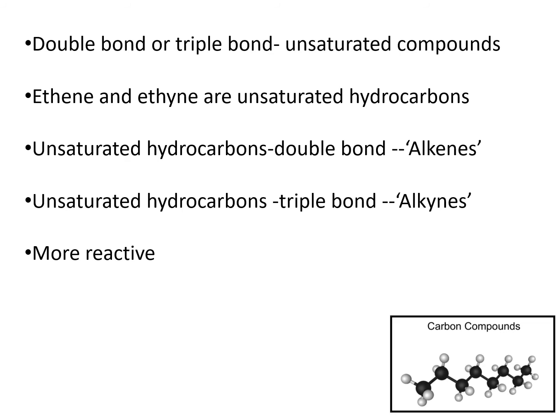Unsaturated hydrocarbons with a double bond are called alkenes, and those with a triple bond are called alkynes. They are generally more reactive compared to alkanes. Saturated hydrocarbons with single bonds are called alkanes.